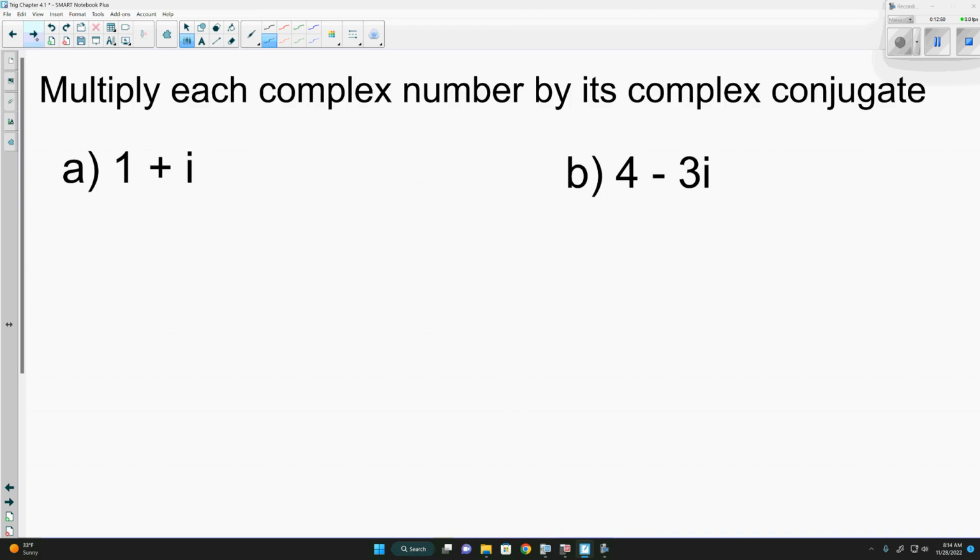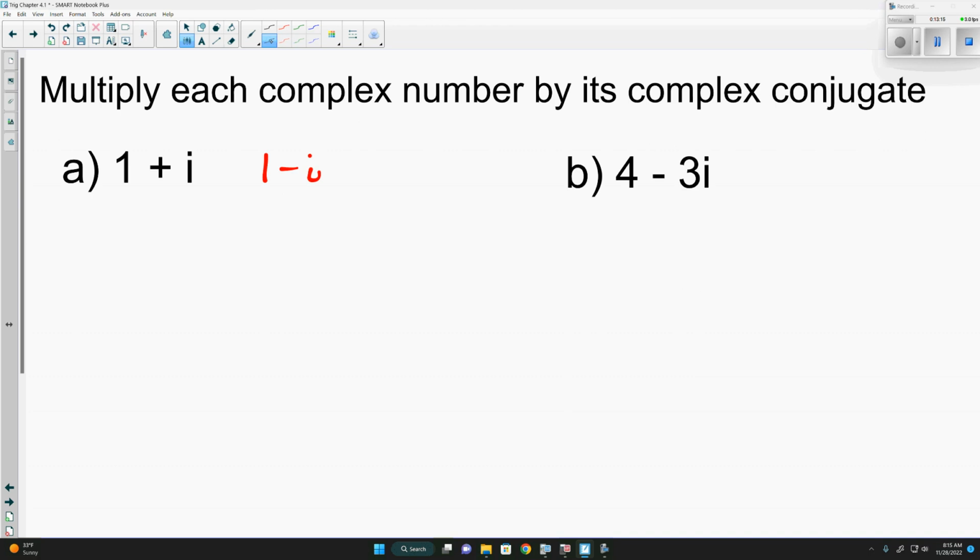So we look at the first two here. What would be the complex conjugate of 1 plus I? Exactly, it would be 1 minus I. And multiply each complex number by its conjugate.